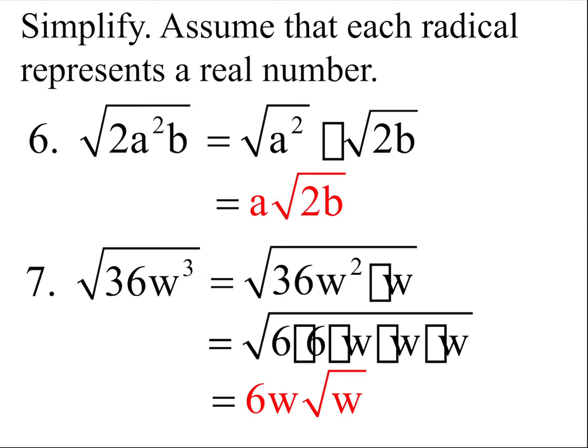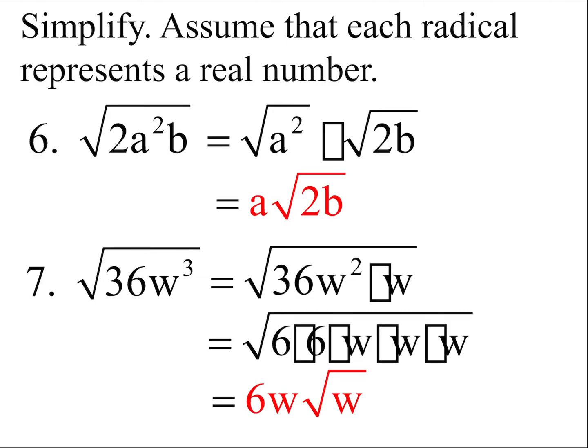But I can break it up still, right? Because I see that we have a perfect square in there, which is a squared. So I can rearrange it. Whatever the products are on the inside, I can rearrange it however I want to. And so now I've broken it up into the square root of a squared times the square root of 2b.